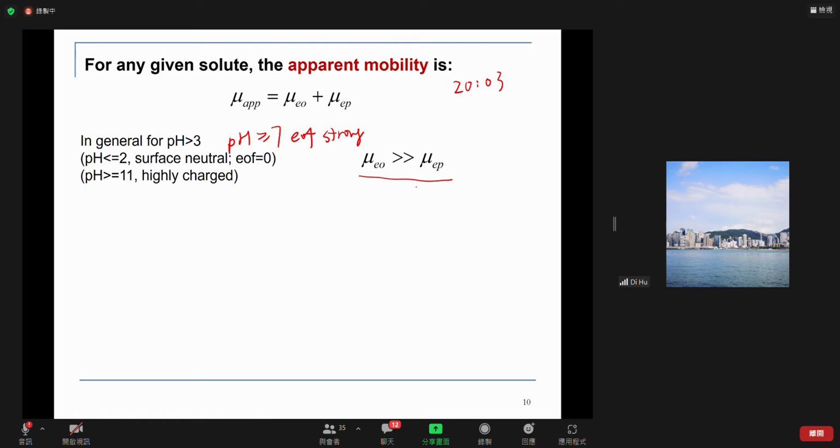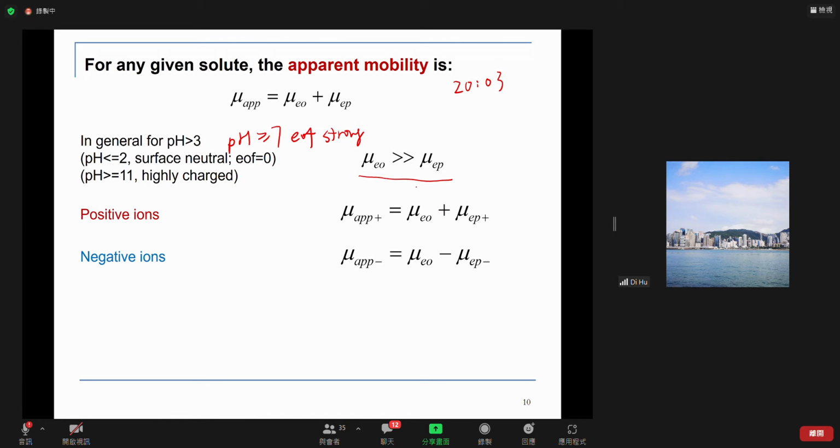Positive ions are attracted to the cathode, which is the same direction as the EOF flow, so the apparent mobility equals mu EOF plus mu EP. Negative ions are attracted to the anode, which is opposite to the EOF flow, so the apparent mobility equals the EOF mobility minus the EP mobility.